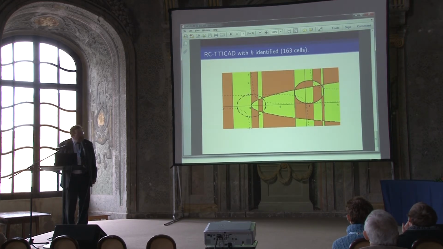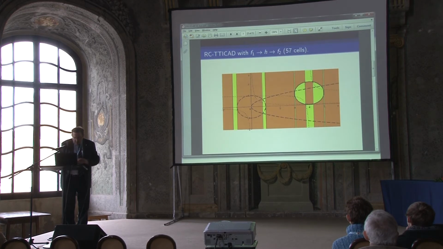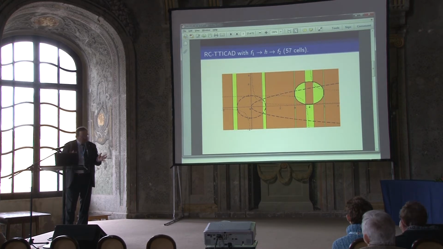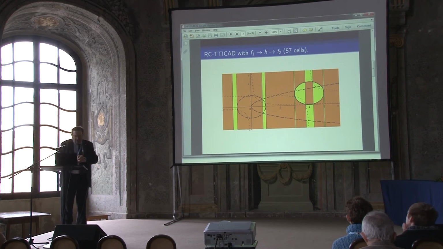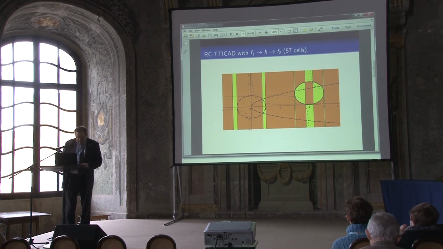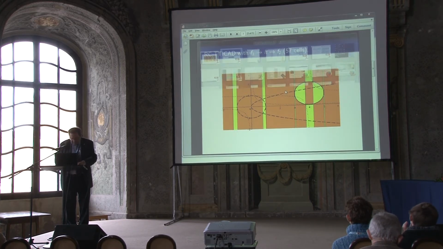If you just identify H, which is perhaps the most obvious thing to do by hand, you get 163 cells. So my worst case is 163. My best case is 57. That doesn't sound like very much, but we're in R2, which is all I can do for drawing you pictures. Of course, we really want to work in higher dimensional spaces, but I can't show you the pictures.